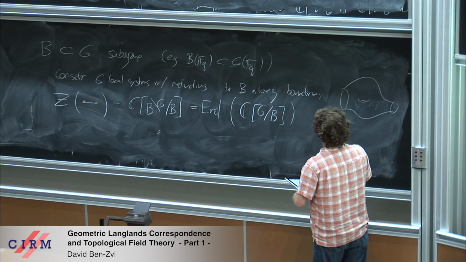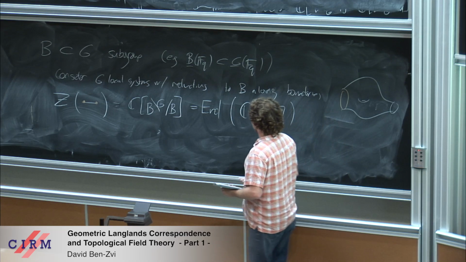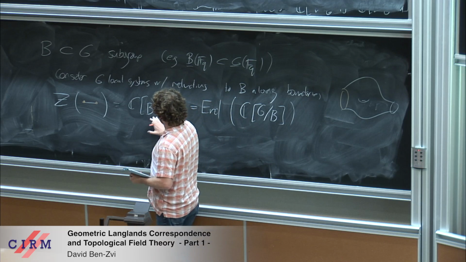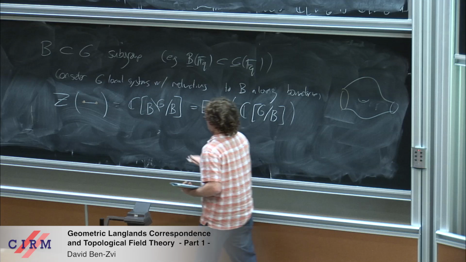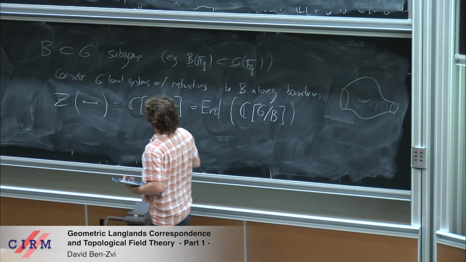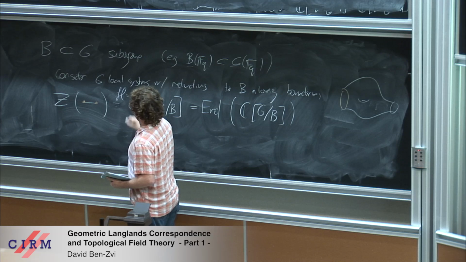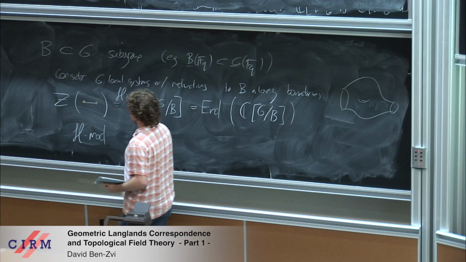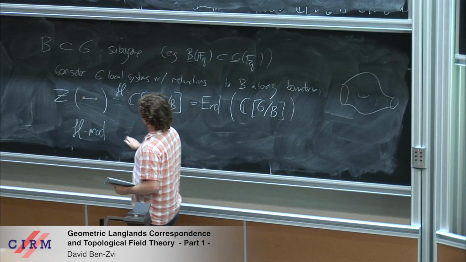And one thing you can do with this is think of this boundary condition as defining a sub-field theory. If I have a boundary condition that I like, I have this algebra H, I can look at the category H mod, the category of modules for H. And what is this?